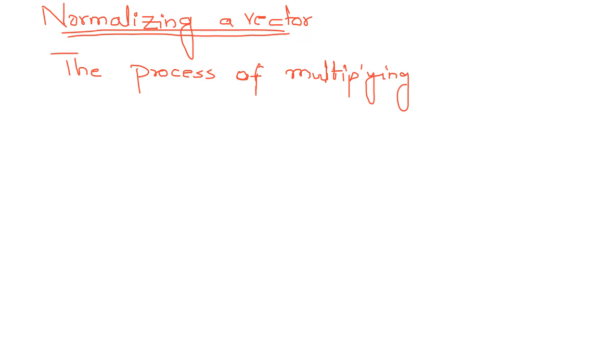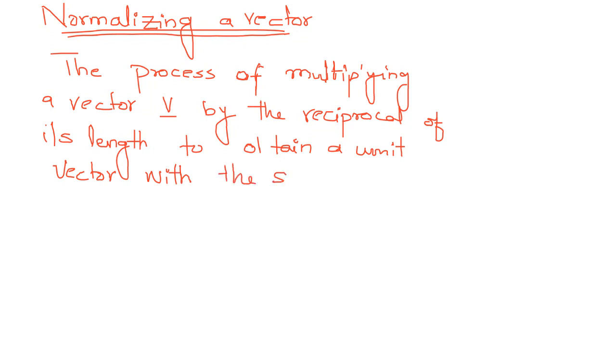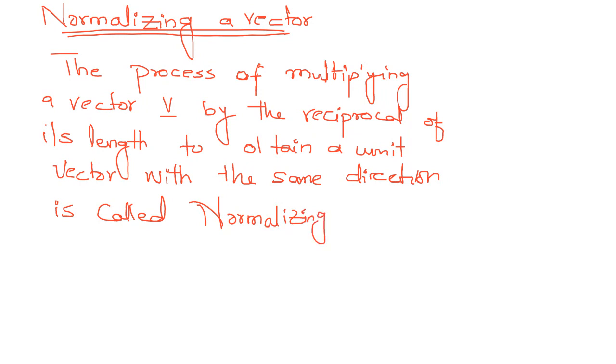The process of multiplying a vector v by the reciprocal of its length to obtain a unit vector with the same direction is called normalizing vector v.